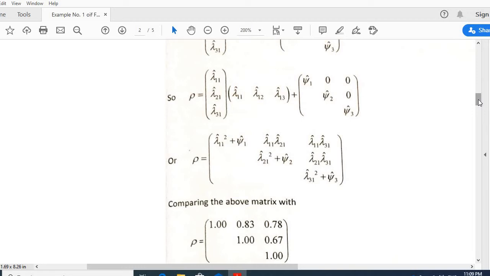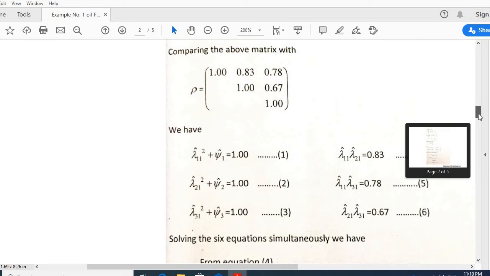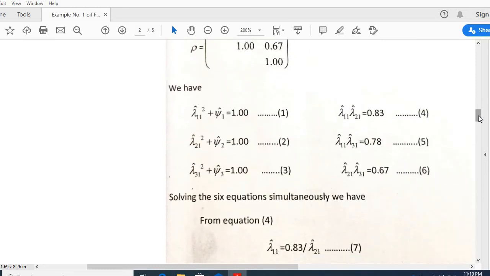The respective values of these expressions are: lambda 1 1 square plus psi 1 head is equal to 1, lambda 1 1 head into lambda 2 1 head is equal to 0.83, and lambda 1 1 head into lambda 3 1 head is equal to 0.8. So you can compare these values and rewrite these equations.